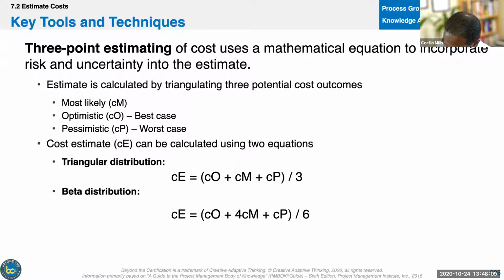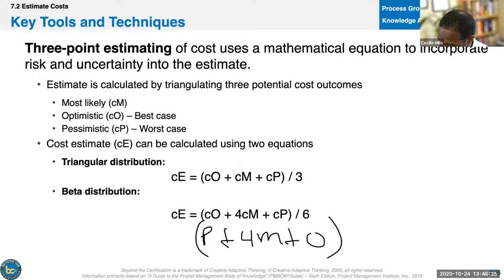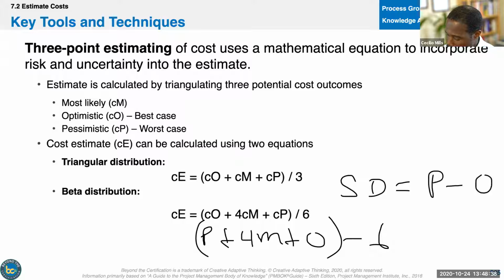I prefer to think of it this way. What you're seeing here is consistent with the PMBOK, right? But I prefer that we do pessimistic plus 4 times most likely plus optimistic, and then divide by 6 for memorizing. The reason I prefer that you memorize it that way is because then, to find a standard deviation, that equals pessimistic minus optimistic divided by 6.